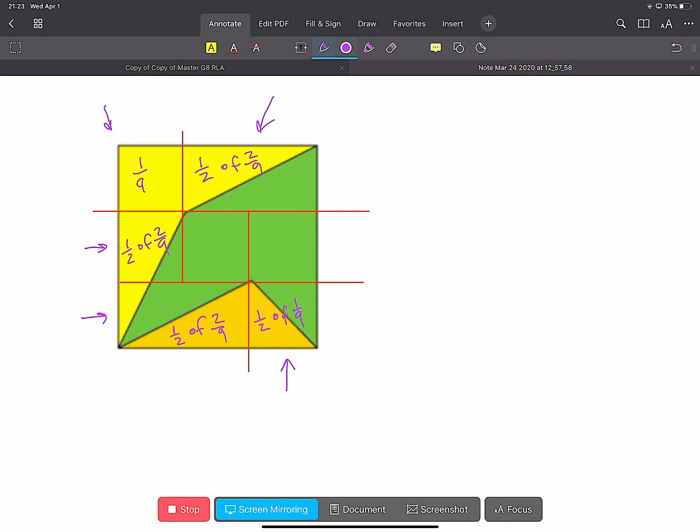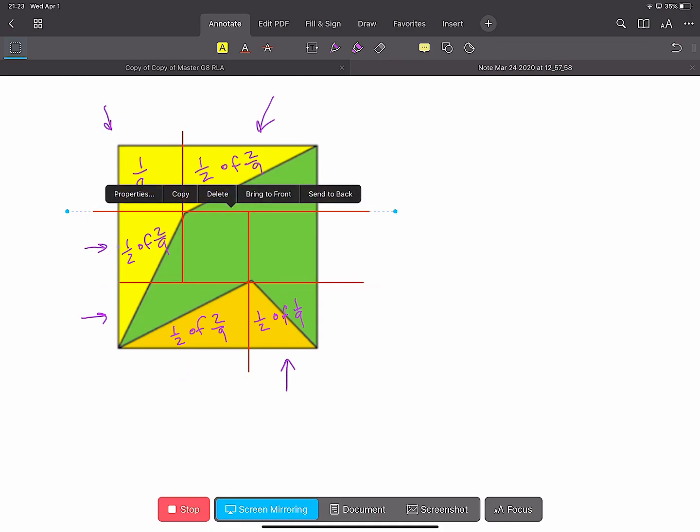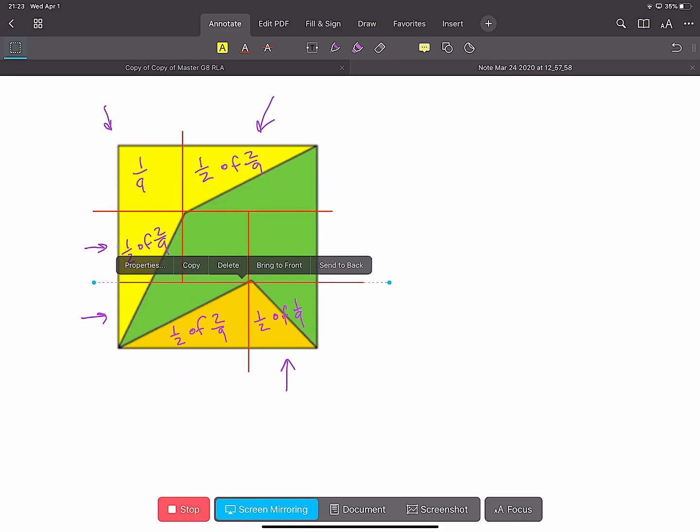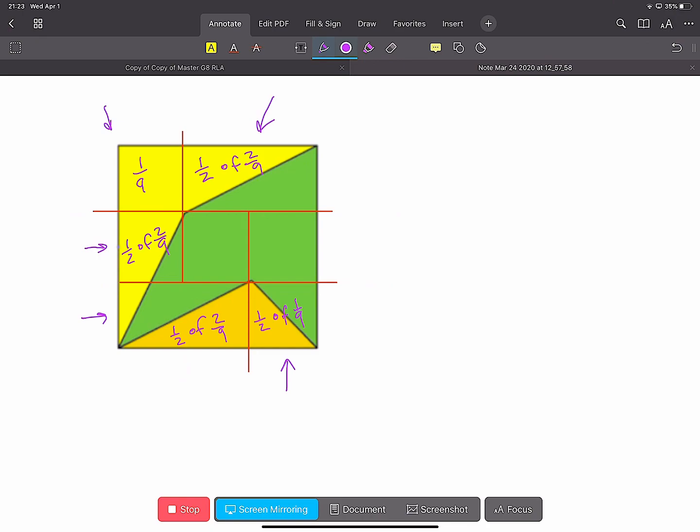So now I have all of the yellow parts, I have all of the orange. Let's calculate it. So when we go to calculate that now, let's move that back. Top left is 1/9. I'm going to add to that this part here. That's plus 1/2 of 2/9, which is 2/18.